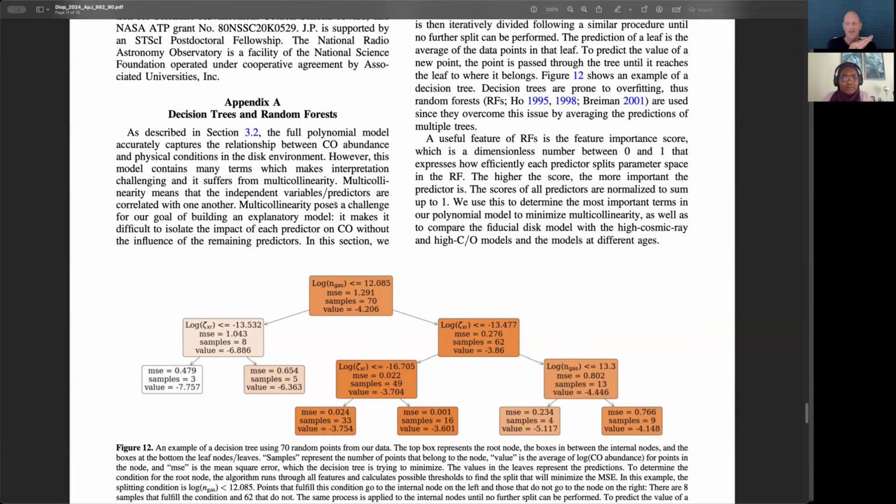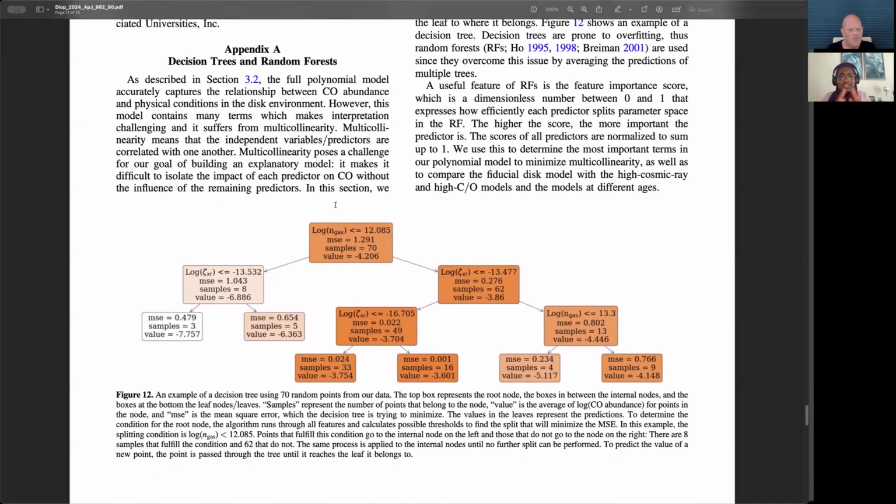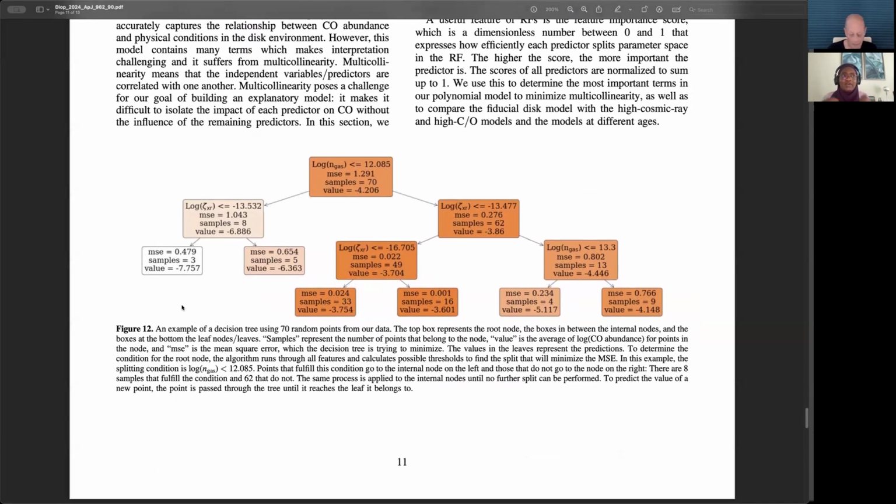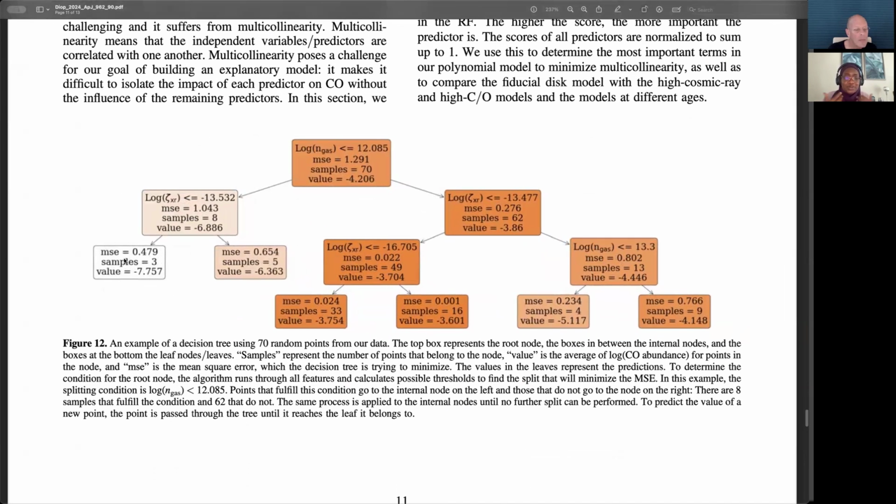The basic way a decision tree works, as we see in figure 12 with an example using a subset of the data, is that the algorithm performs some calculations to split the data into different boxes to make different categories of data points.